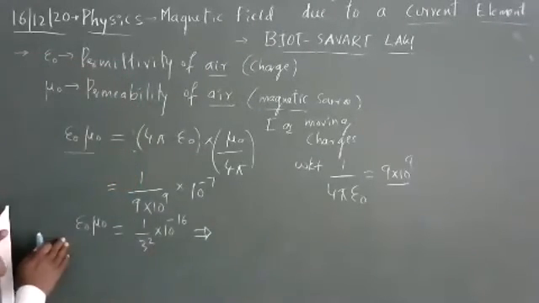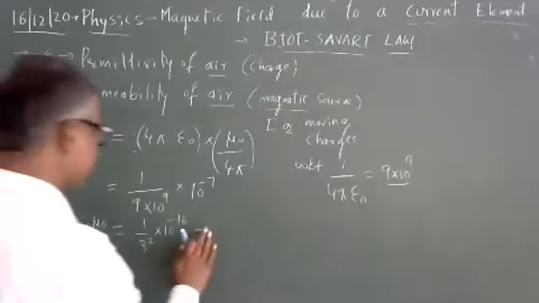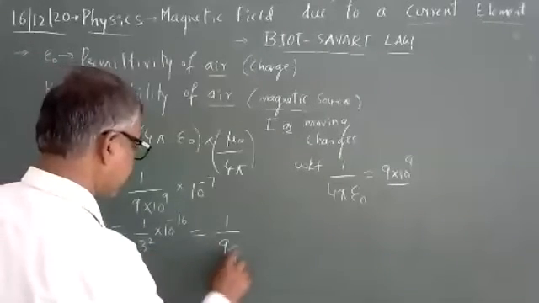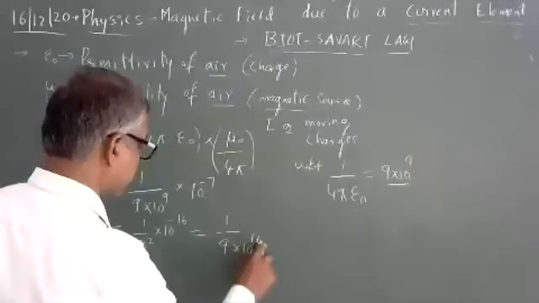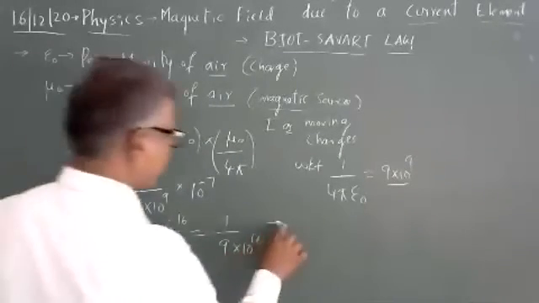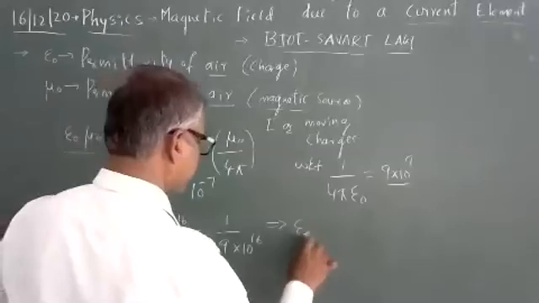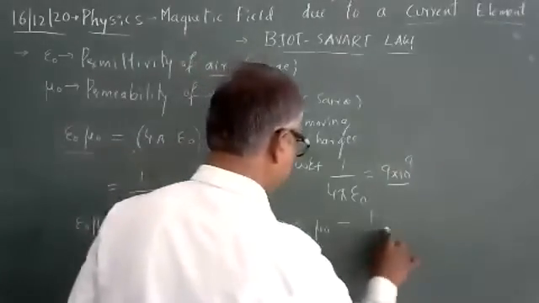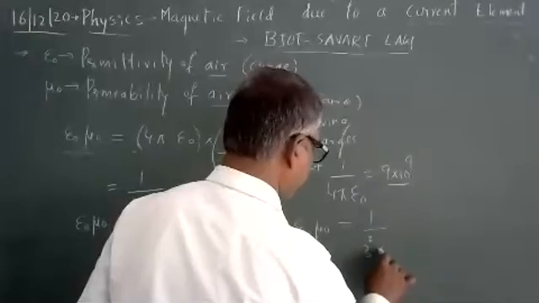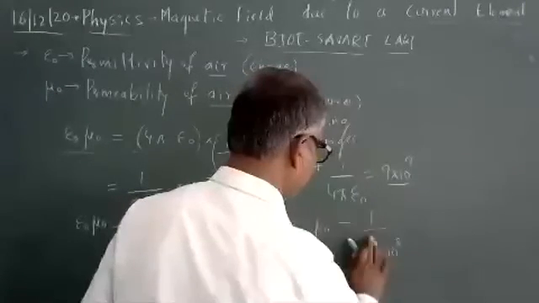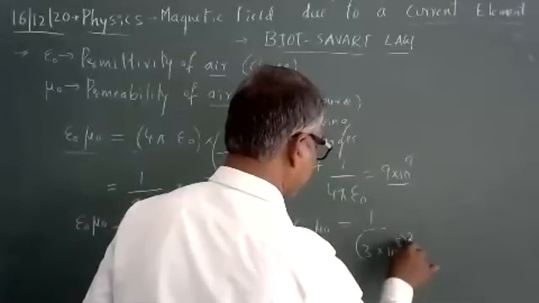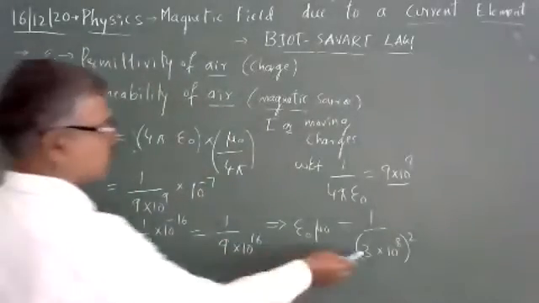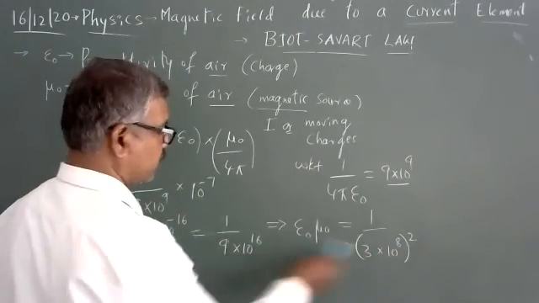So epsilon 0 mu 0 is equivalent to 1 upon 3 square into 10 raised to 8, whole bracket squared. Check it out: 9 means 3 square, and 16 means 8.